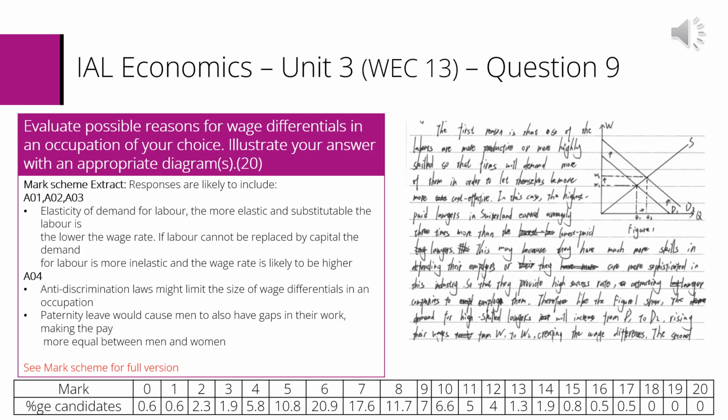The next question that performed poorly was question 9. Question 9 requires students to evaluate the possible reasons for wage differentials within an occupation. This was the least popular of the 3 essays available in section C and scored the lowest mean mark.